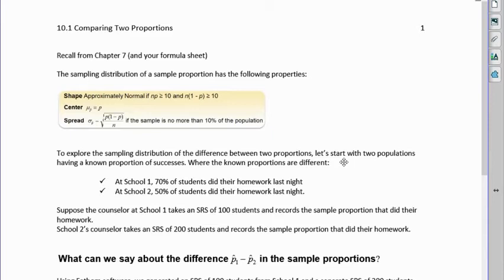So that's chapter 10. If you recall from chapter 7 and in your formula sheet, sampling distributions of a sample proportion have the properties right here. First of all, in order to do inference, you need to have that your population is nearly normal.